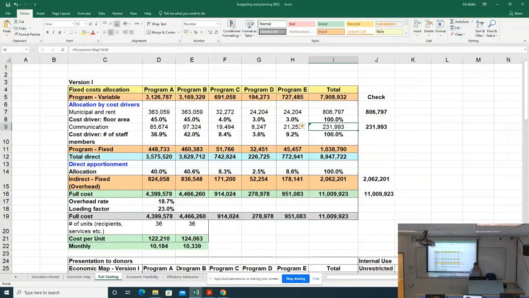Here in the example, it is given, so this is basically the floor area allocation. Now, how did I get to these numbers? This organization has a large facility, very large. The grand majority of the facility is divided by the adult and the youth program.